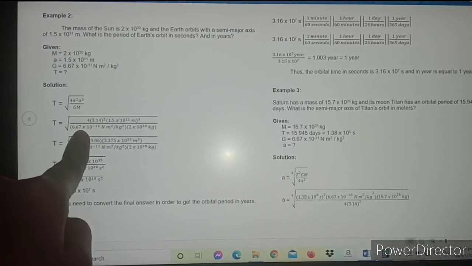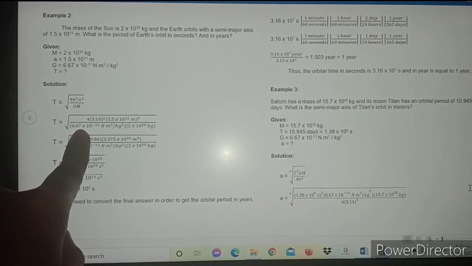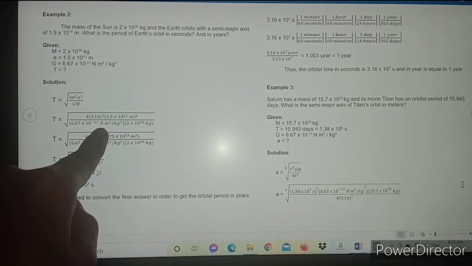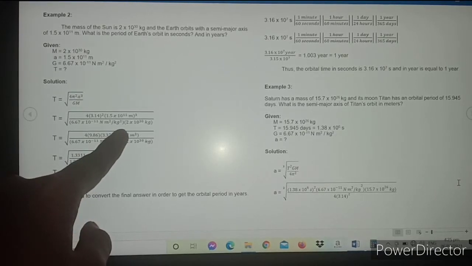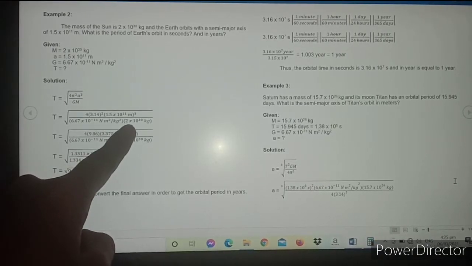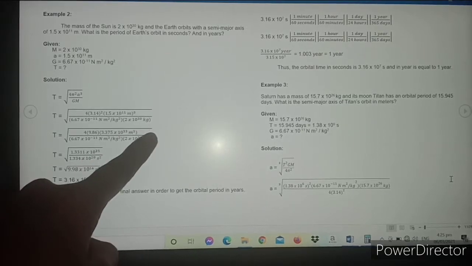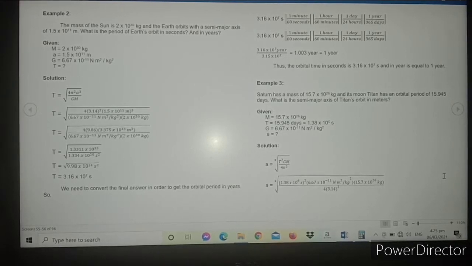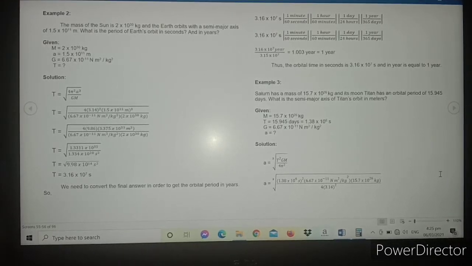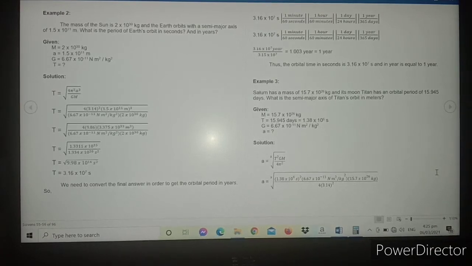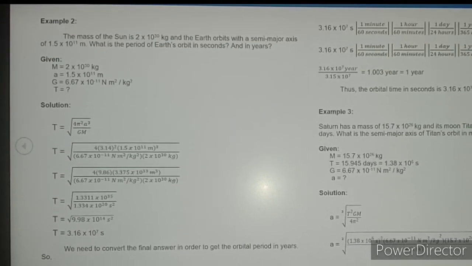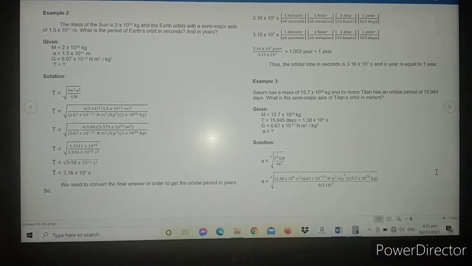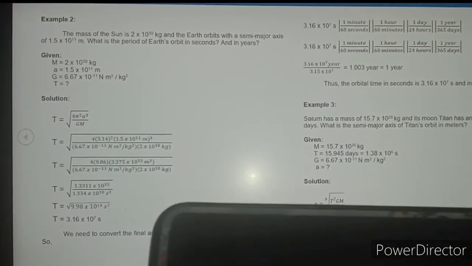And then, divided by the universal gravitational constant, 6.67 times 10 raised to negative 11 Newton meter squared over kilogram squared multiplied by 2 times 10 raised to 30 kilograms for the mass. I think you know how to use your cell phone in computing such exponential form, scientific notation form. So, using my cell phone, I'm gonna show you our answer.